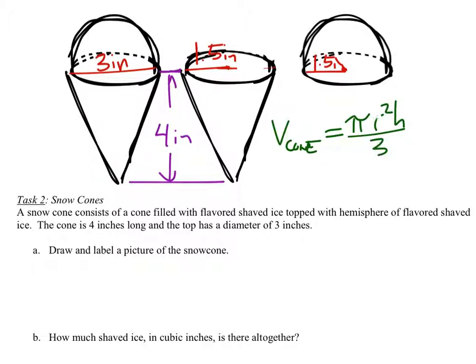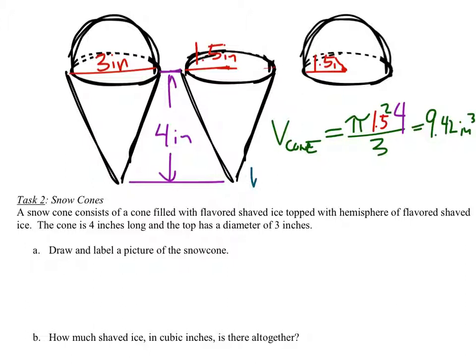But we do have the radius and the height as well. So let's go ahead and replace those in here. So this I can put now into my calculator, which will give me the answer in inches cubed. All right, so the volume of the cone is 9.42 inches cubed.